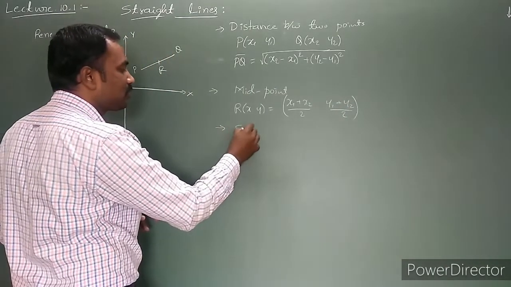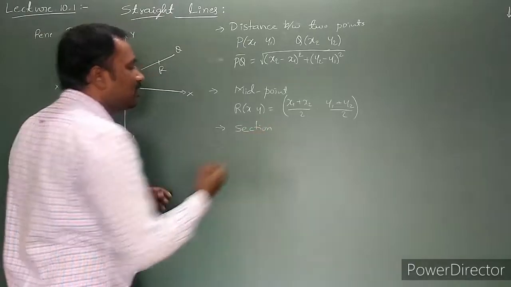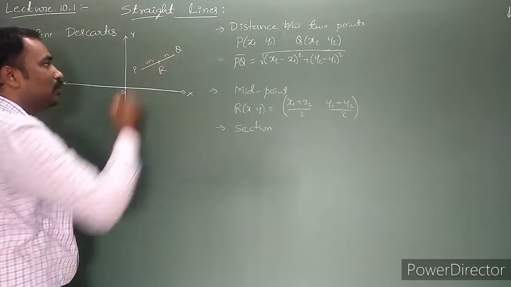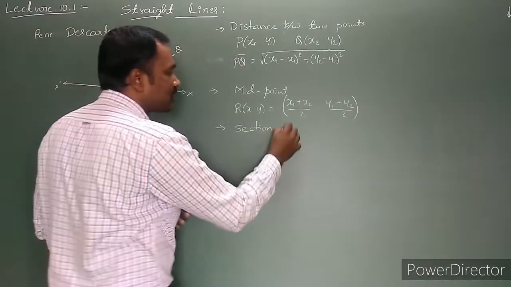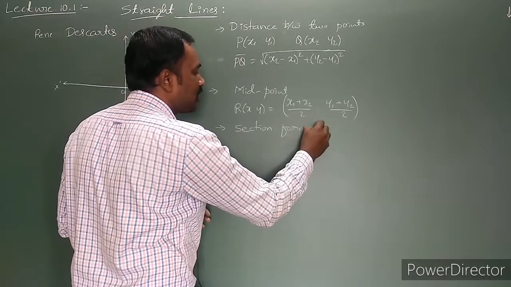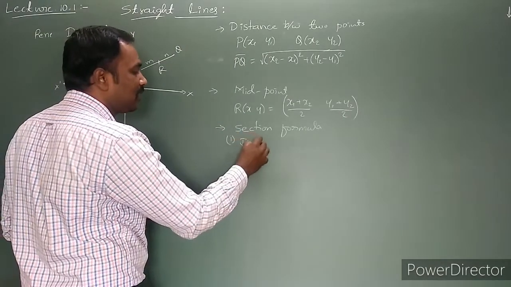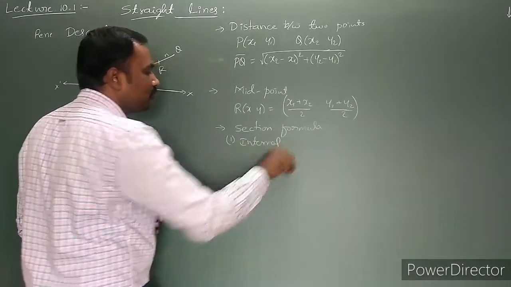Then the next one is the section formula. Section means the line is divided into 2 parts in the ratio m is to n. For the section formula, there are 2 cases: internal division and external division. First, internal division.